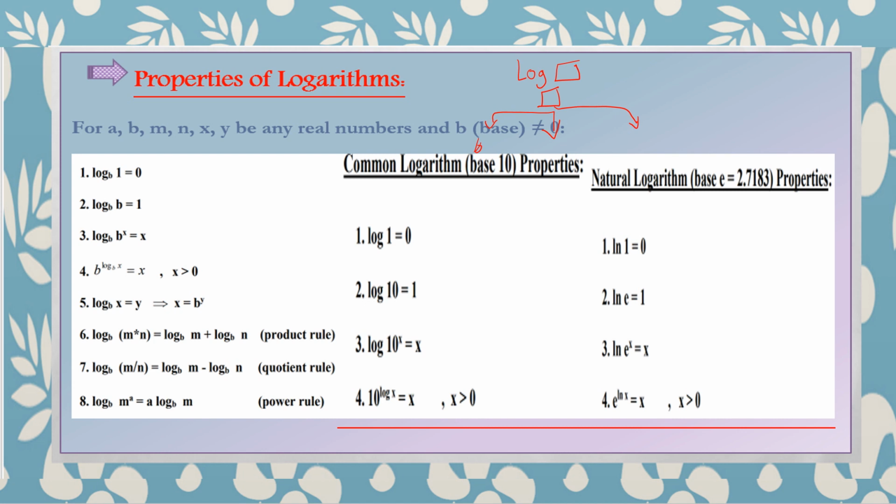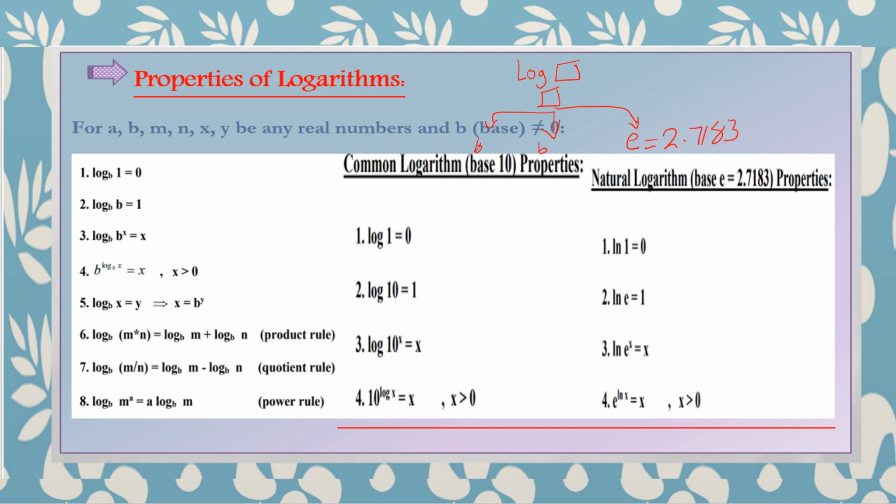Another case, the base of the logarithm can be any real number which equals b. And the third case, the base of the logarithm equals e, and this means the natural logarithm, and e equals 2.7183.